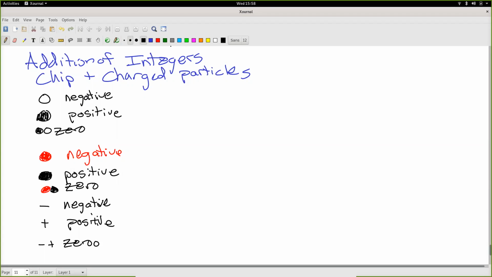So addition kind of means the same thing it did before. Addition means combine and count.